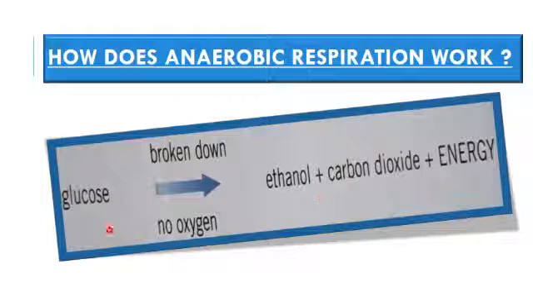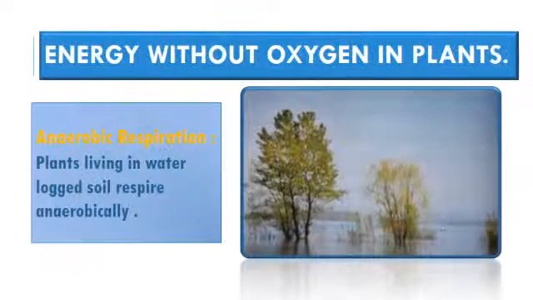But animals respire anaerobically by breaking down glucose without oxygen. They will give lactic acid instead of ethanol, carbon dioxide, and less amount of energy. So here we can see energy without oxygen means anaerobic respiration in plants.